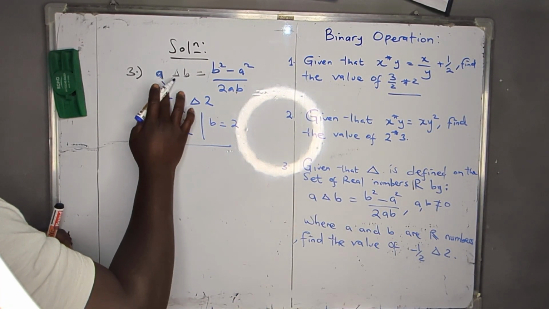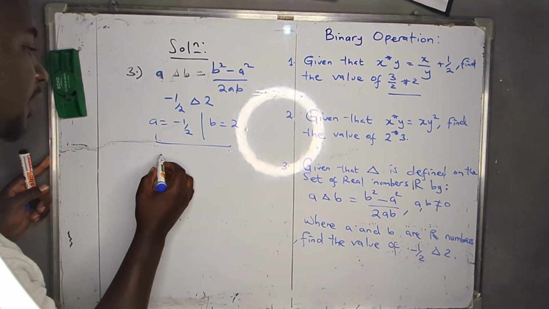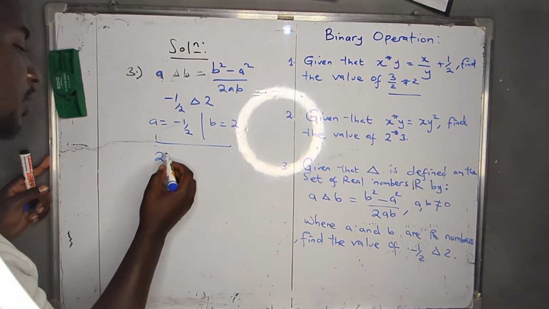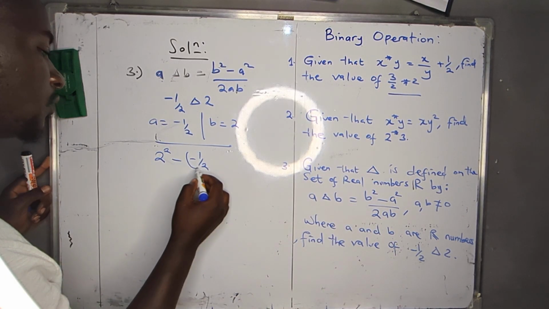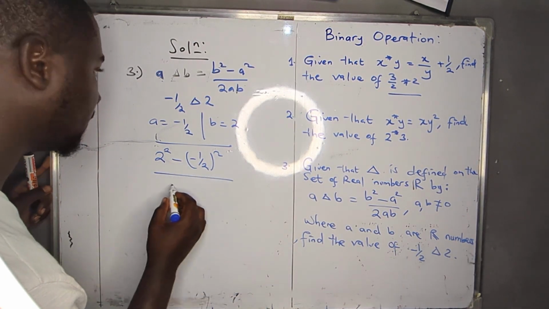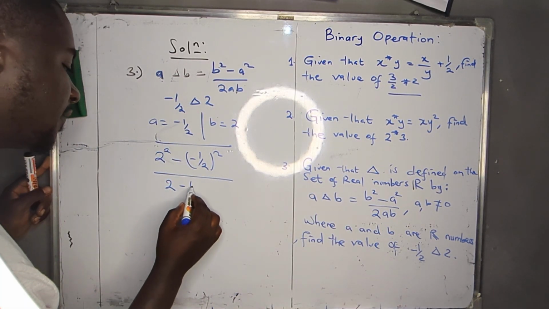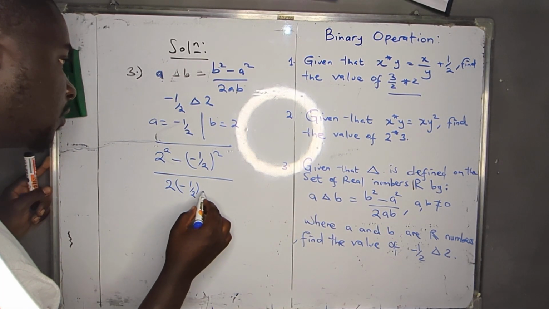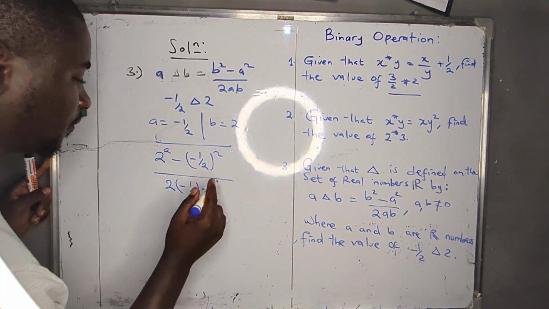It is as easy as that. So what we are going to have now is 2 squared minus -1/2 squared over 2 times A, -1/2, times B, which is a 2.